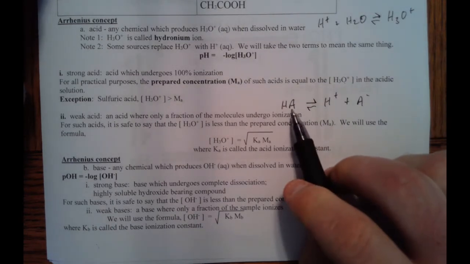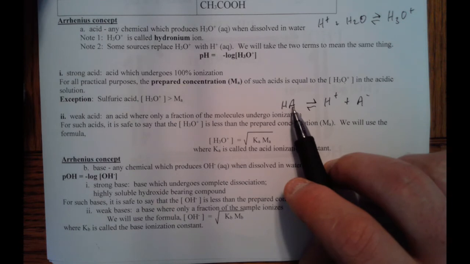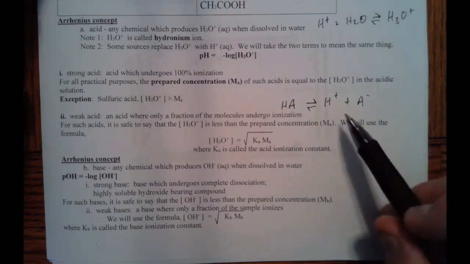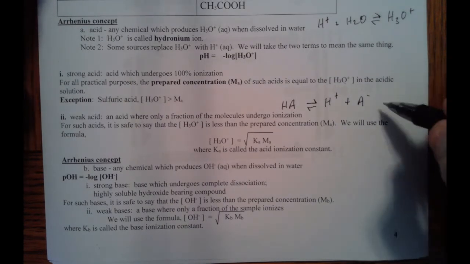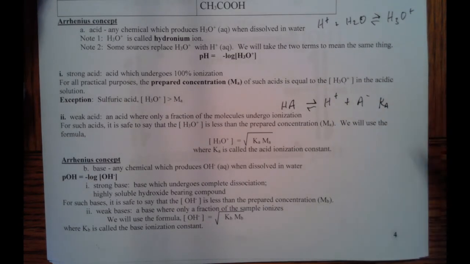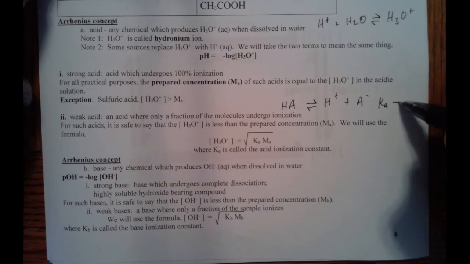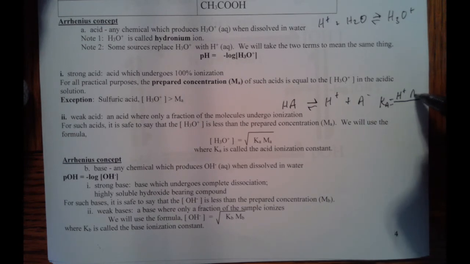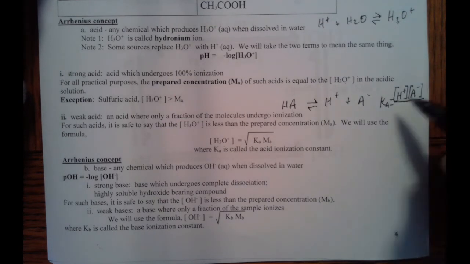Whatever the A is, that could be Cl, F, or NO2 or something like that. Basically, what we do is make what's called the constant of the acid. Products go on top, reactants go on bottom.